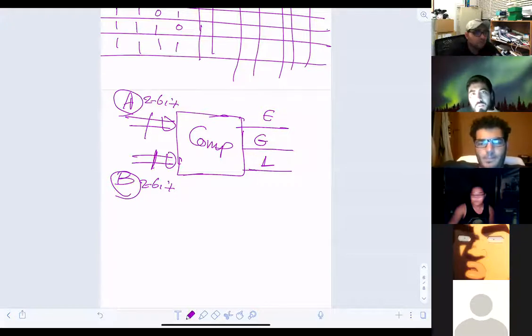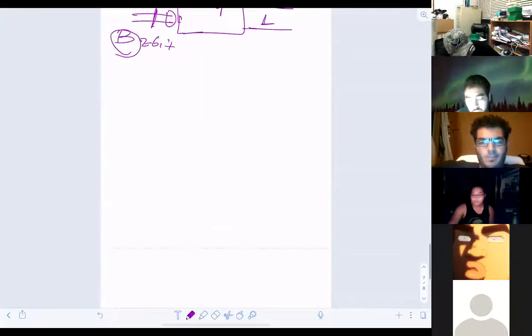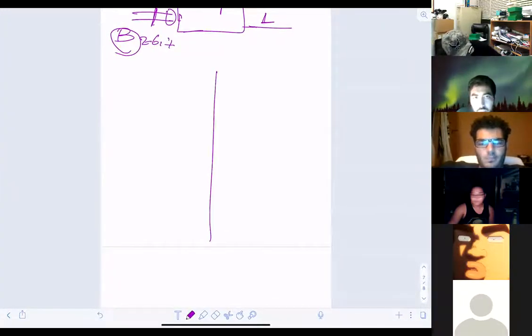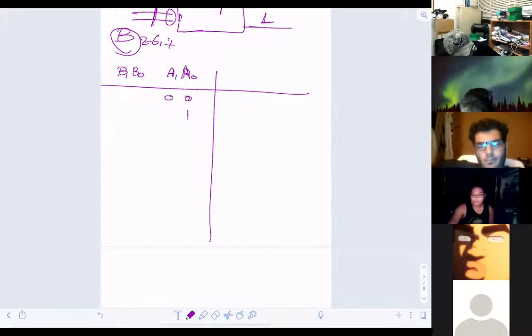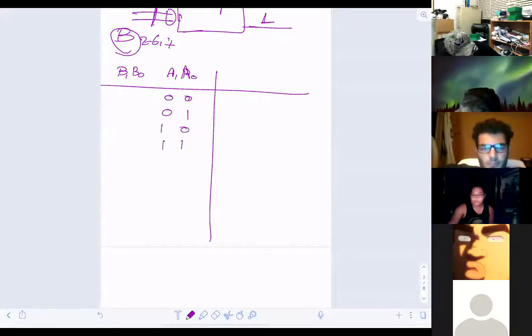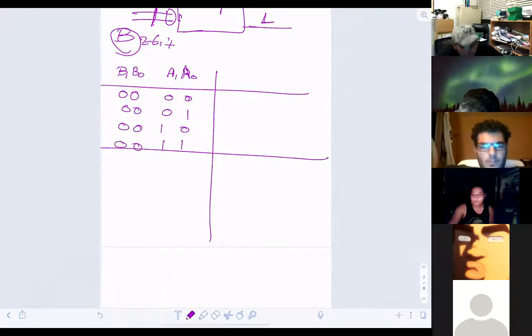And you will do the same thing. You start comparing between values. Like here, I can make it for you. It's not really hard. Here you have B1, B0, A1, A0, starting with 0, 0, 0, 0. That was the first segment, right?